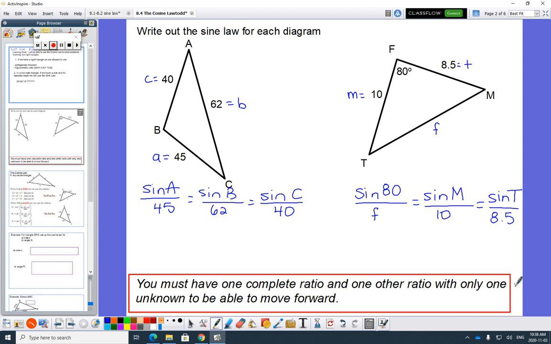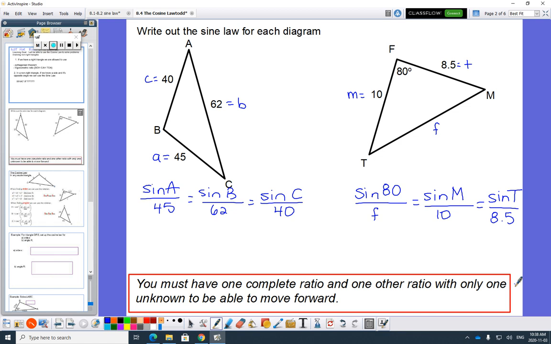So here, even though we have one of the angles, we don't have its corresponding side. And we don't have two angles, so we can't solve for the other one using the interior angle relationship. So what do we do? How do we fix this? So we're going to use what's called the cosine law.